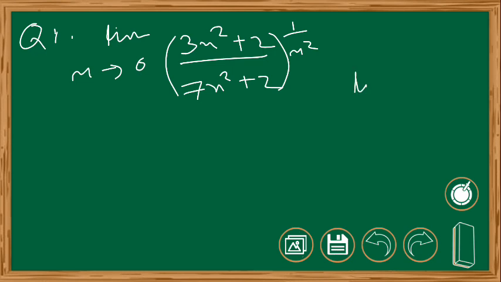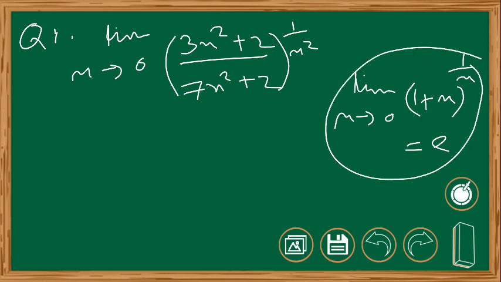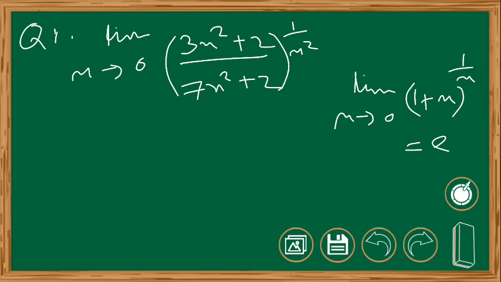The formula is limit x tends to 0 of (1 + x) to the power 1 by x is equal to e. So I must try to bring this form to solve this question, right? So what to do then? Look at this, how I solve it.